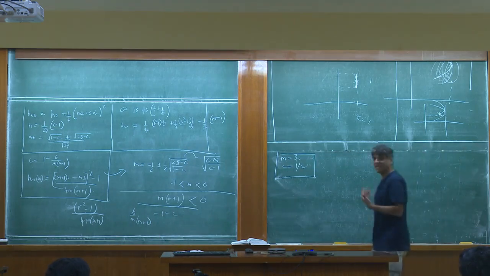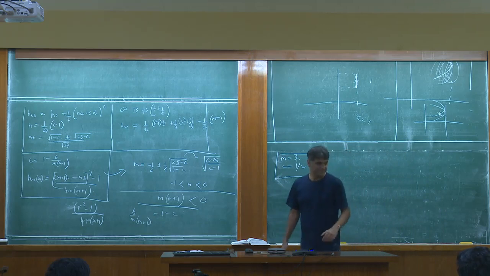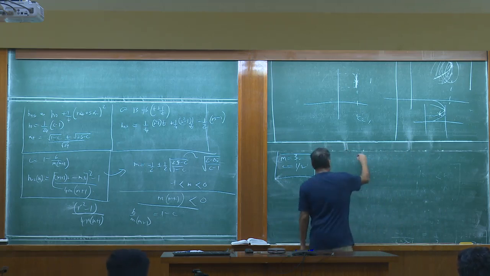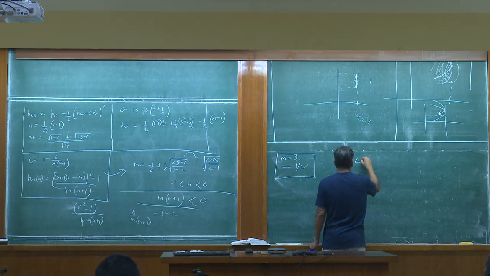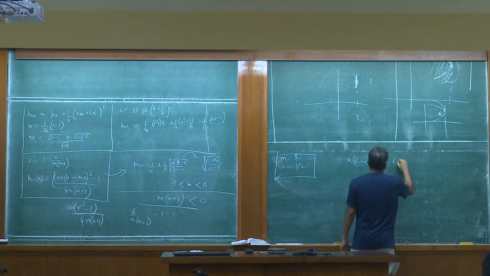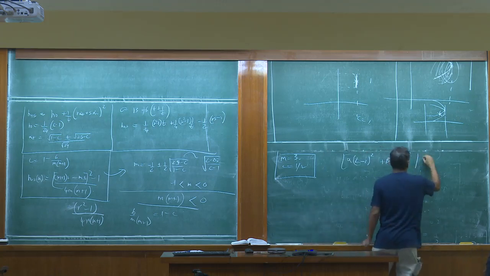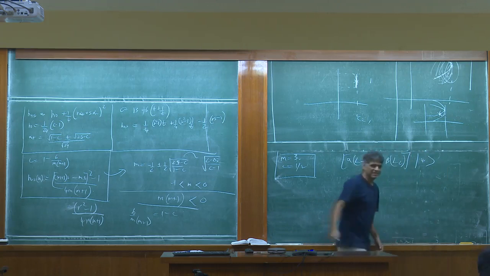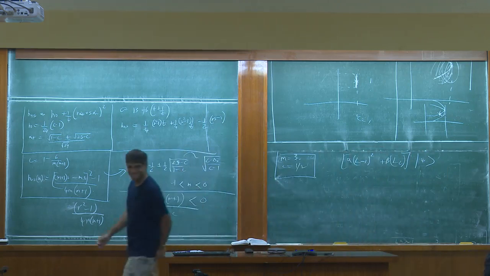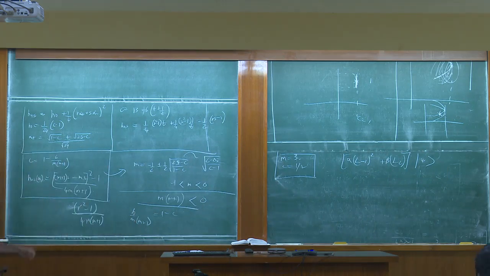Now, what is the most general state at level 2? Exactly. That's L minus 1, the whole thing squared, times alpha, plus L minus 2 times beta, acting on our primary state, which we call psi, the primary state of dimension half. Now we know a lot about this system.